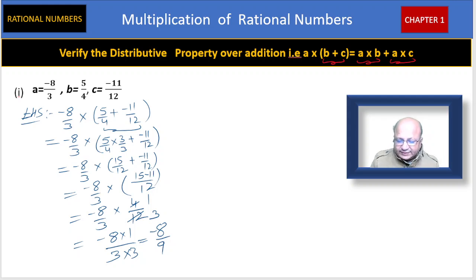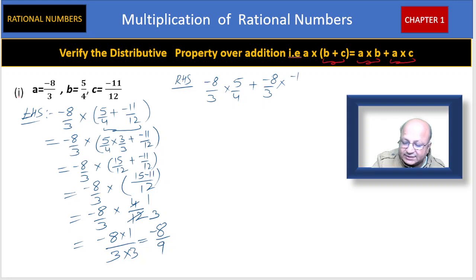So let's prove the right hand side of this question. Substitute the values. So minus 8 upon 3, let me write it RHS, minus 8 upon 3 multiply by 5 upon 4 plus minus 8 upon 3 multiply by minus 11 upon 12. So the common factor between minus 8 and 4 is 4. So 4 divided by 4 is 1 and minus 8 divided by 4 is minus 2.